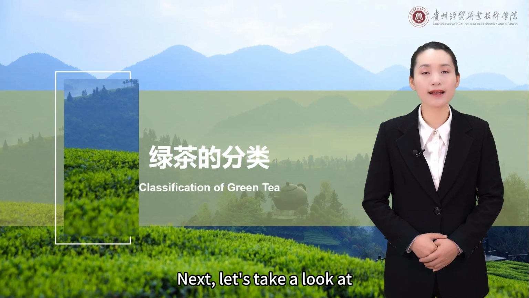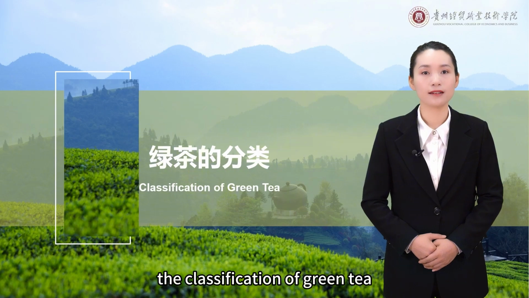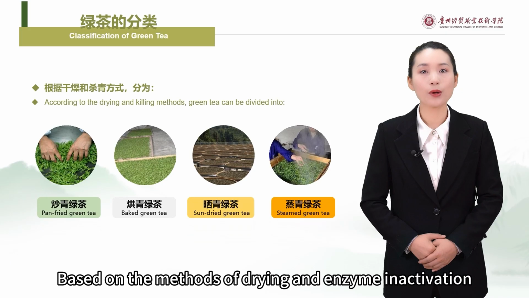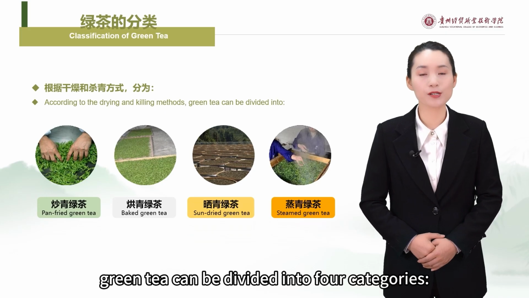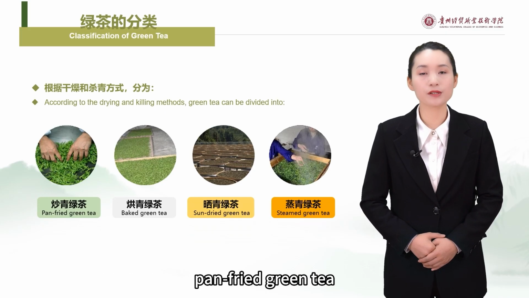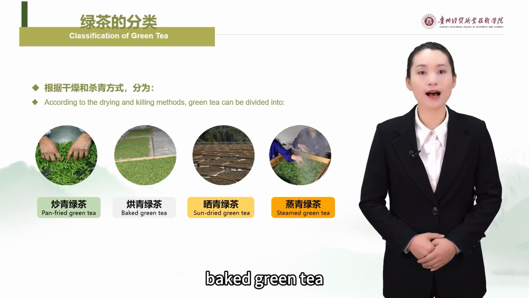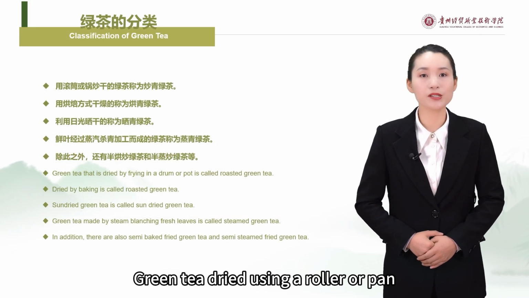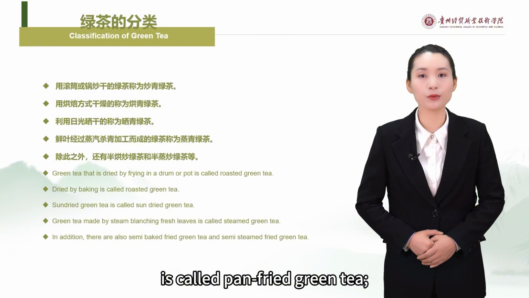Next, let's take a look at the classification of green tea. Based on the methods of drying and enzyme inactivation, green tea can be divided into 4 categories: pan-fried green tea, baked green tea, sun-dried green tea, and steamed green tea. Green tea dried using a roller or pan is called pan-fried green tea.